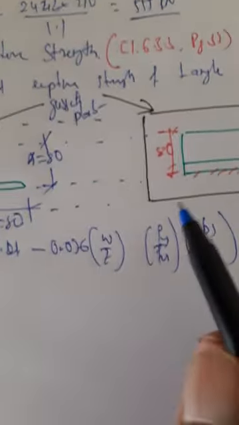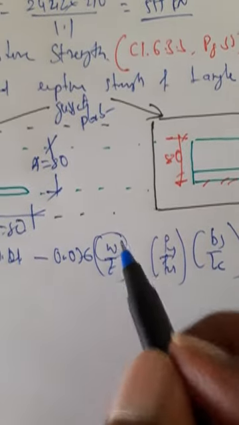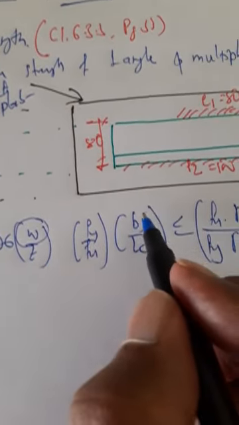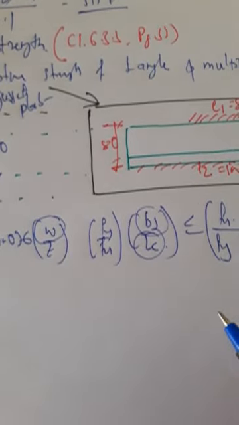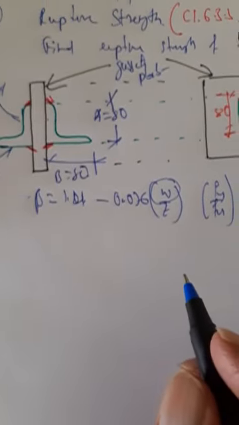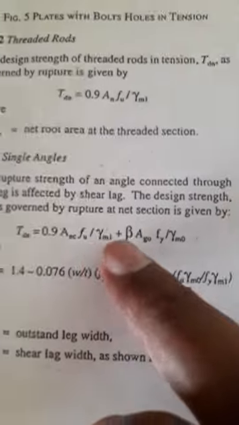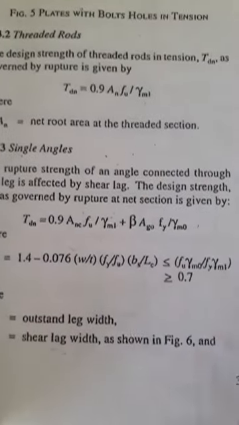So here what are the terms required? I require w, t already I know, I require bs and Lc. Also write the equation for Tdn. So this is the equation for Tdn. Copy this equation as it is.